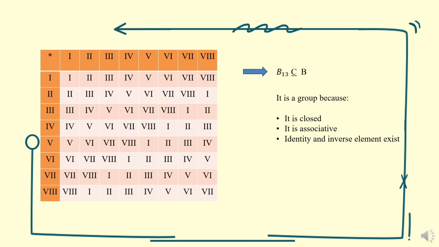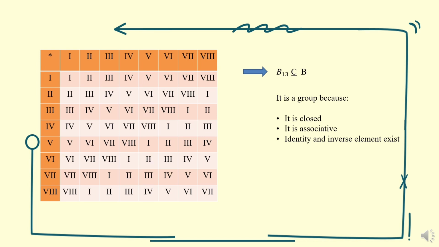Yes, it is closed. Why? Because no pair in this table gives alpha, beta, gamma, or anything from the 9th to the 16th element. So we can say that this table is closed because the outcome of each pair is from 1 to 8 only.